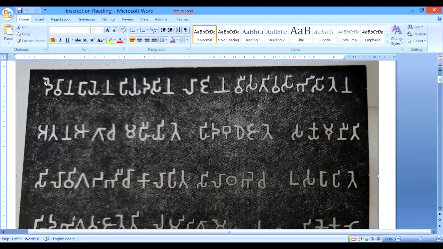Yesterday I could not show you exactly what I wanted to tell you about the reading style of Brahmi. So when we have Dakara, there is a stroke on the left side. That is the Ekara.